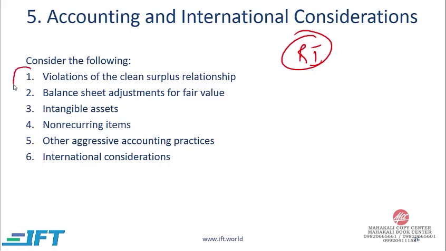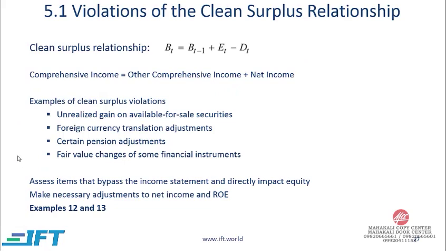Most of this section is about the sorts of adjustments that need to be made. And clearly, you also need to look out for aggressive accounting practices, because that will impact net income and obviously equity. And then section 5.6 deals with international considerations. In other words, whether it is appropriate to apply this model across different countries.